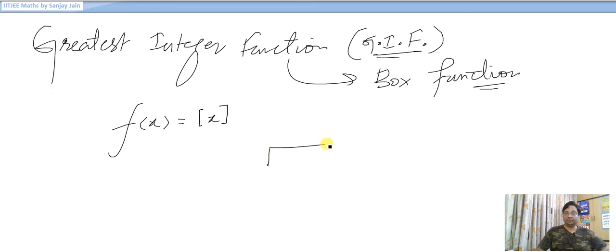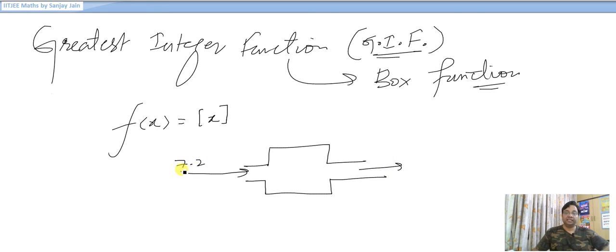What it does is, let us say I put something like this, 7.2. The output that it gives me is an integer, the greatest integer which is less than 7.2. Now what is the greatest integer that is less than 7.2? It is 7.